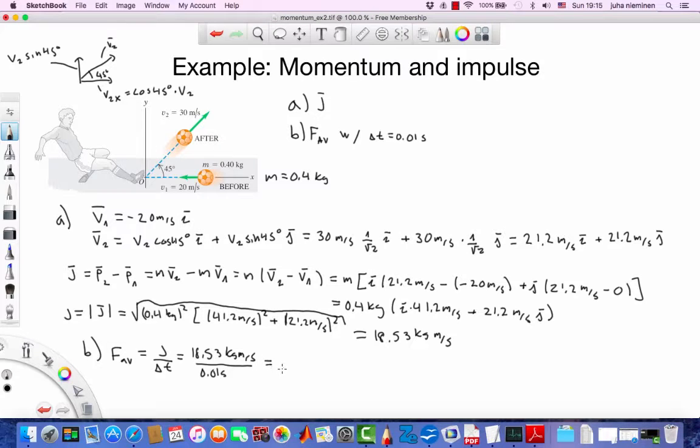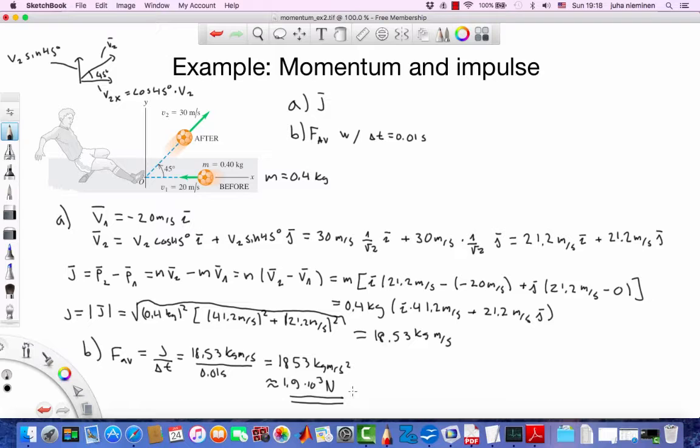So we get about 1.9 times 10 to the 3 newtons. Oh, sorry, that's of course seconds squared, so it's going to be newtons because it's a force.